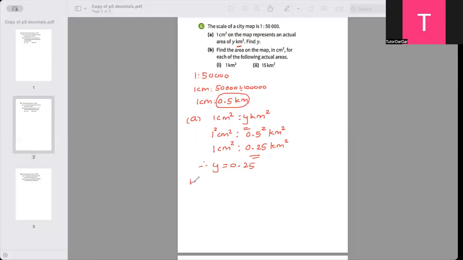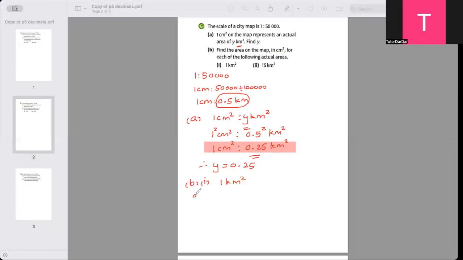Now B, 1 km square. Same thing, we will make use of this. Okay, so 1 cm square is 0.25 km square.